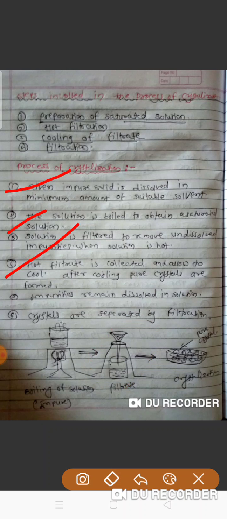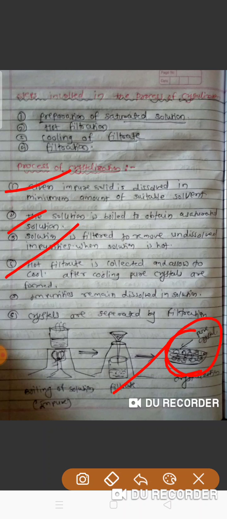The hot filtrate is collected in a beaker and allowed to cool. After cooling, crystals are formed. These crystals are separated by filtration, and we get the pure crystals of the given solid substance.